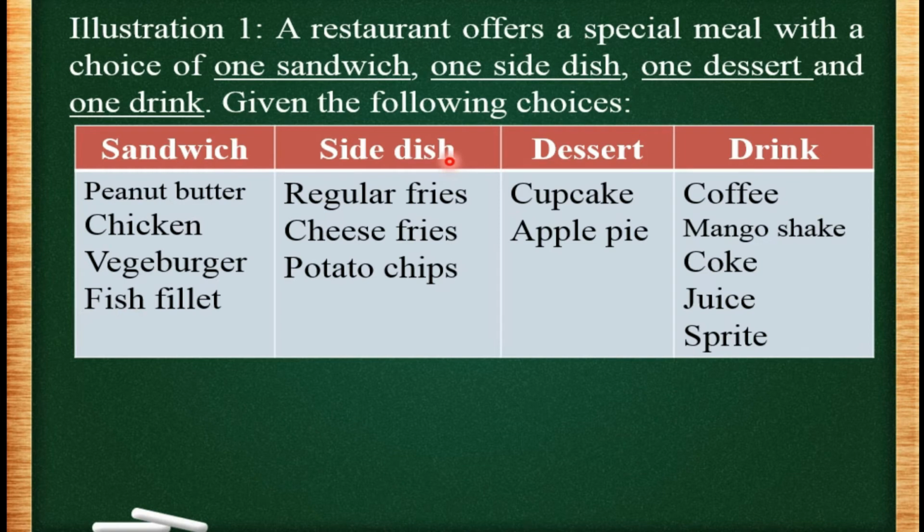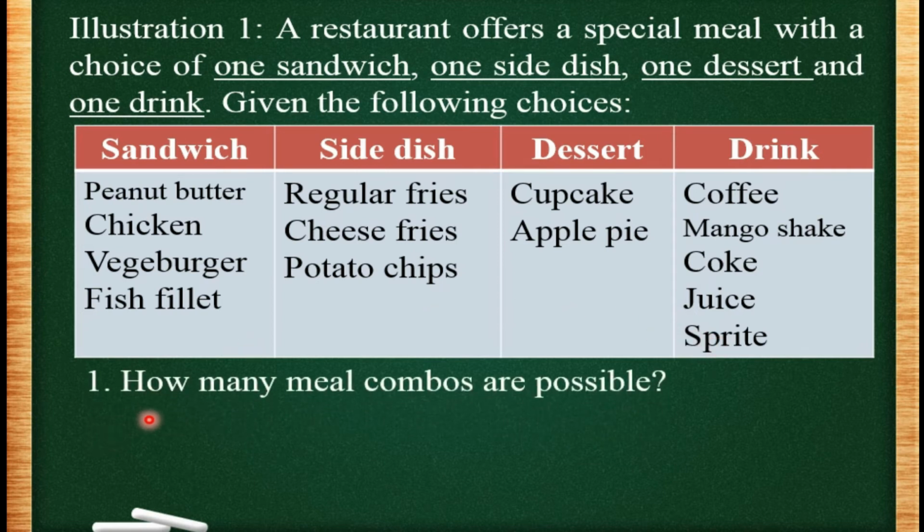For your side dish, it could be regular fries, or cheese fries, or potato chips. For dessert, you can have cupcake or apple pie. And for your drinks, you can either have coffee, or mango shake, or Coke, or juice, or Sprite. Here's the question. How many meal combos are possible?